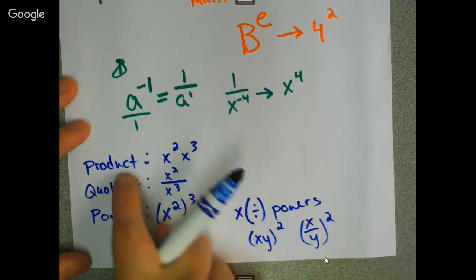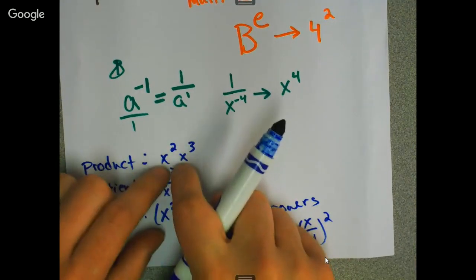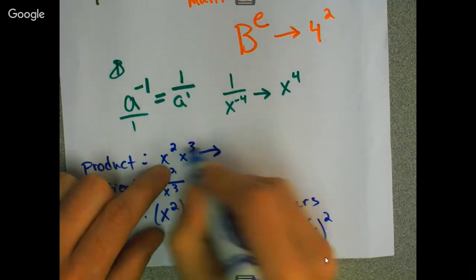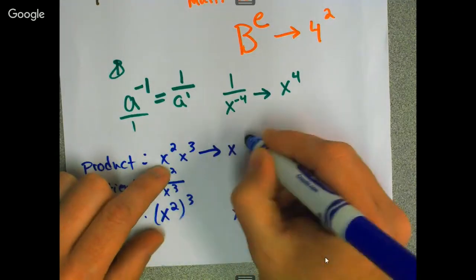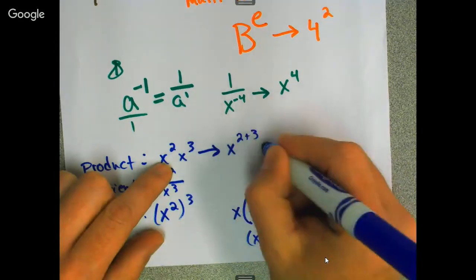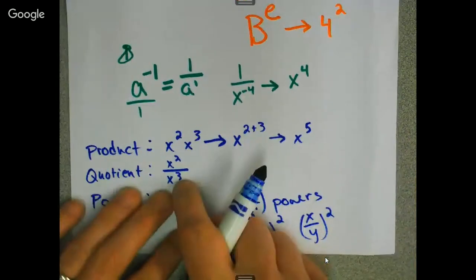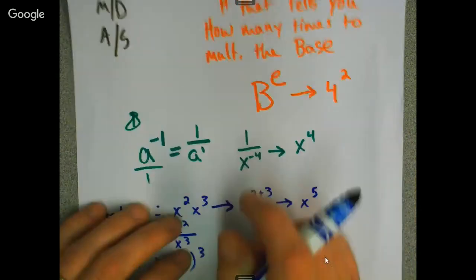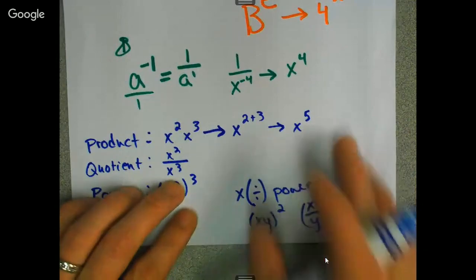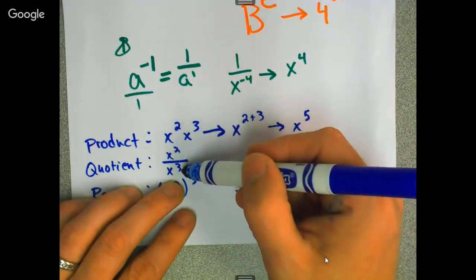Okay, so with a product property, if the bases are the same, you're going to add the exponents. So that's 2 plus 3, which is x to the 5th. Okay? Here, I think of this a little bit differently. I think of this as how many x's do I have in the top and how many do I have in the bottom?